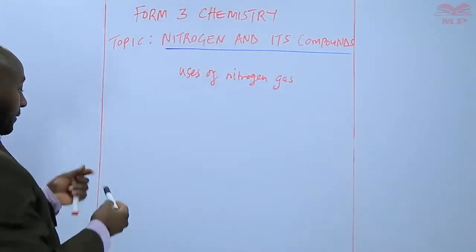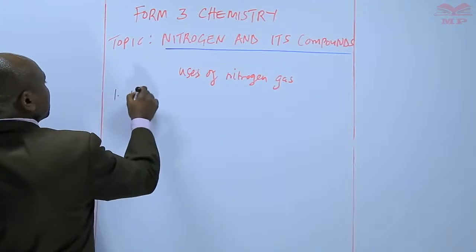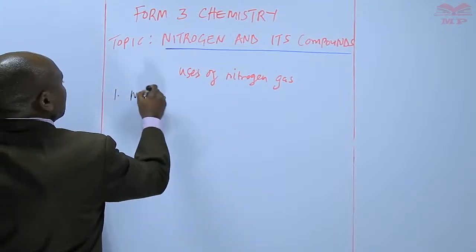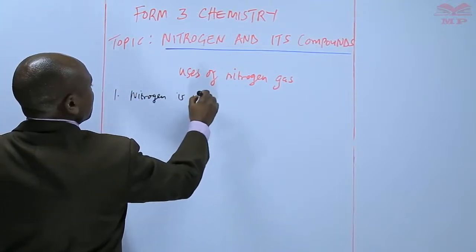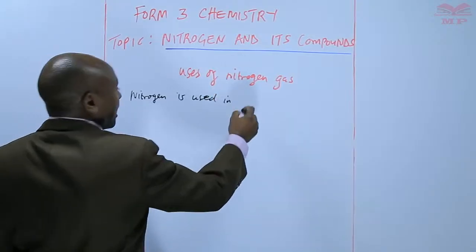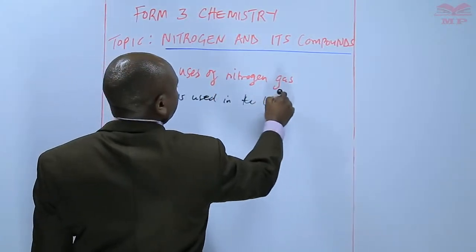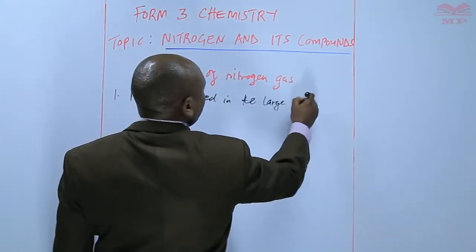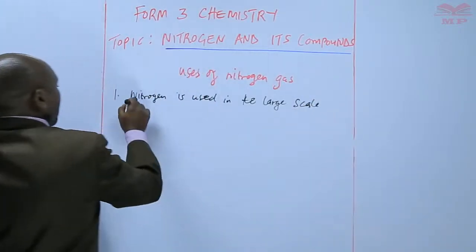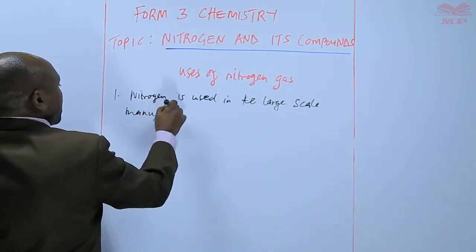And first of all, nitrogen is used in the large scale manufacture of ammonia.